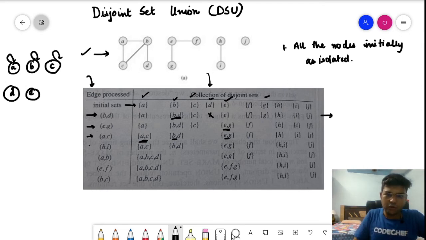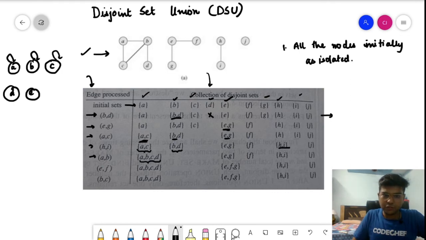Now with the involvement of H and I, we have seen that H and I are also isolated nodes, so they are also forming a set. And at last, what is this A and B? We have seen that A has already paired with C, and B has already paired with D. So we'll combine these two sets.